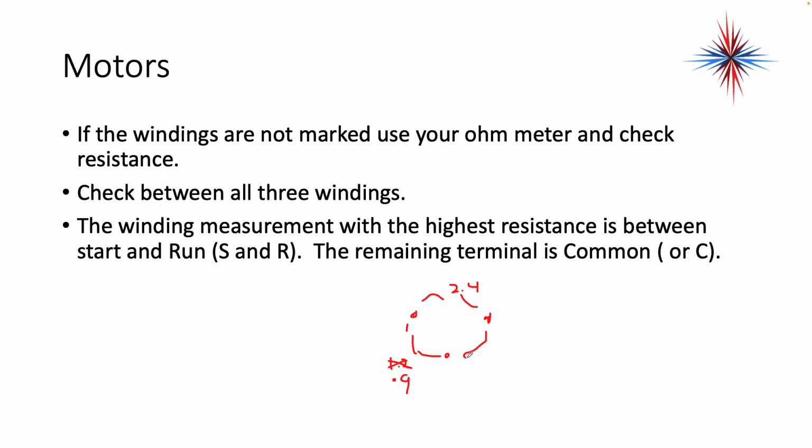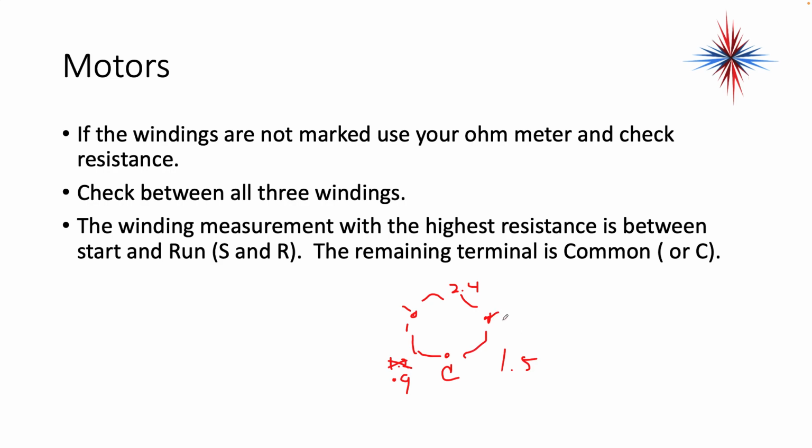And if between those two I have 1.5, the pin across from the highest resistance is going to be my common. 2.4 is my highest resistance between that and that. The pin across from the highest resistance is going to be my common.